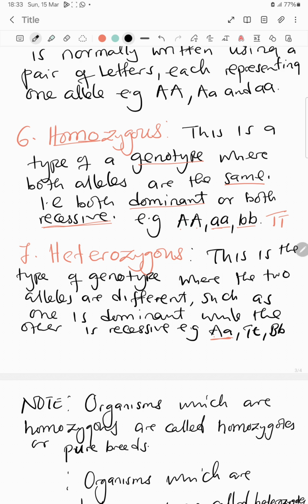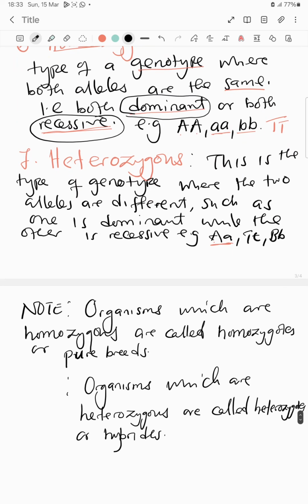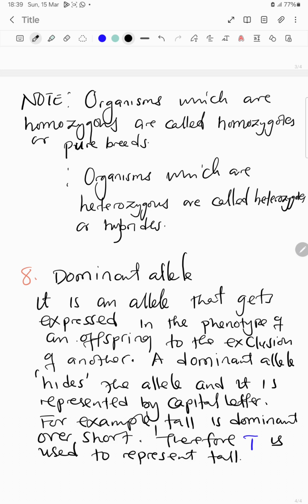So homozygous and heterozygous have brought us to the terms dominant allele and recessive allele. This is what we are now going to look at. We'll start with the dominant allele.